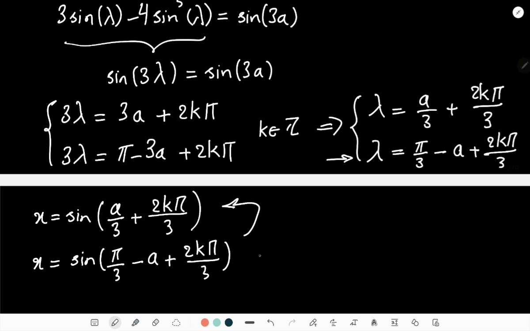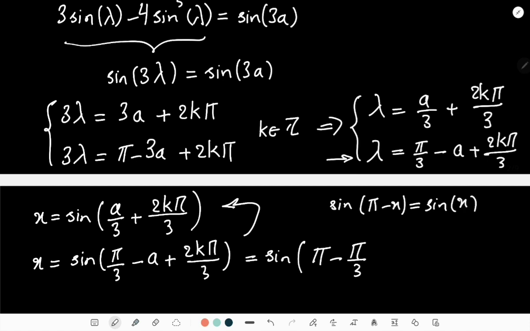Because this can be written as sine of pi minus the angle inside the sine, right? I'm using basically this identity, sine of pi minus x is equal to sine of x. So basically I do write pi minus this whole angle, and then it becomes a minus 2 k pi over 3.